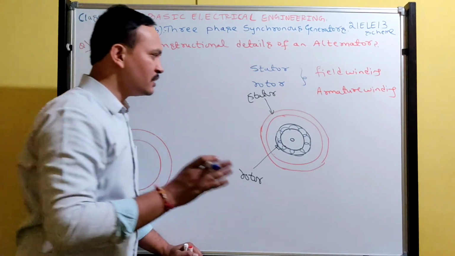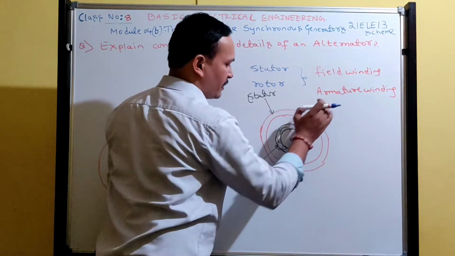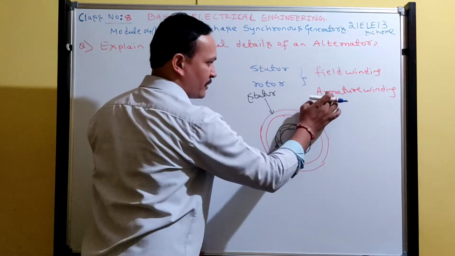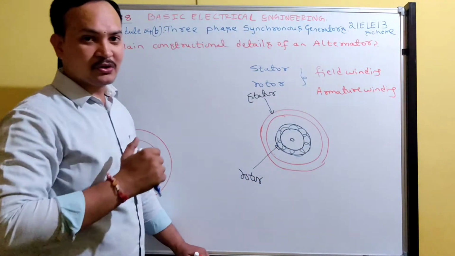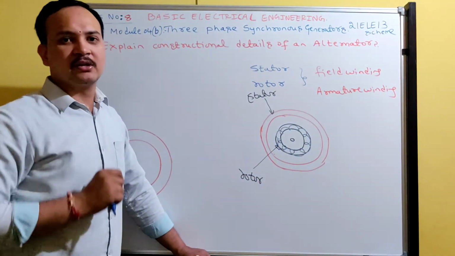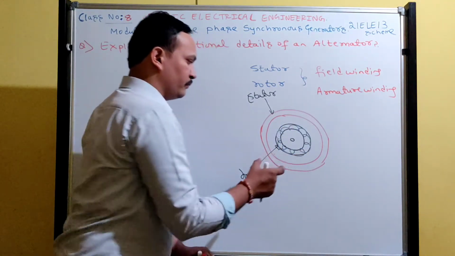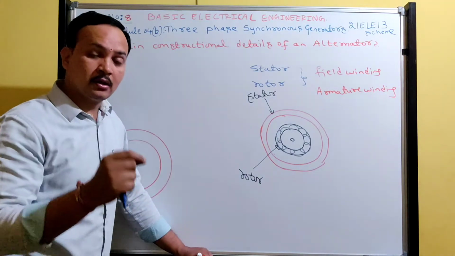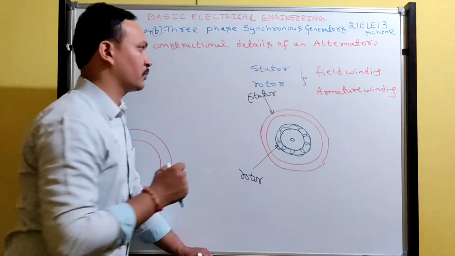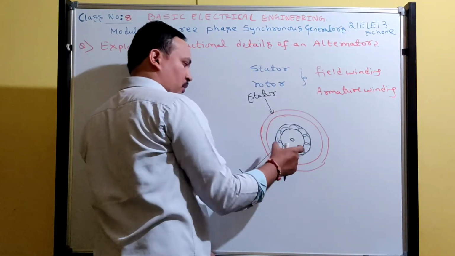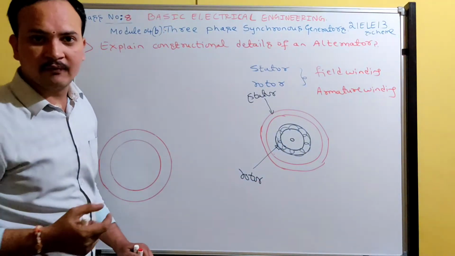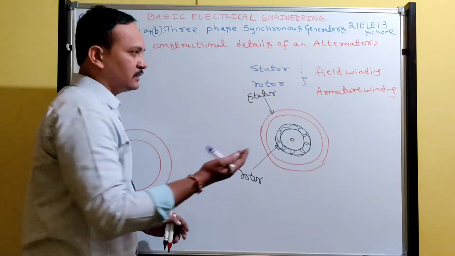Similarly, if I put the armature winding in the rotor, then we should call it a rotating armature. If I put the field winding in the rotor, call it a rotating field. Other way, the stator also can have windings.